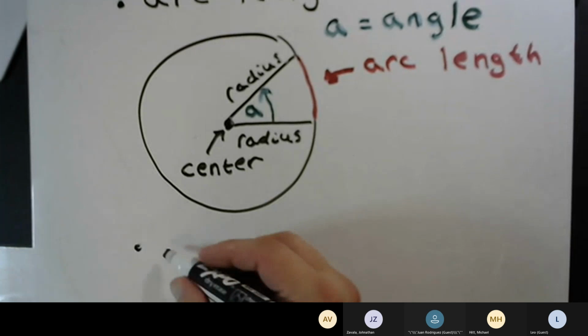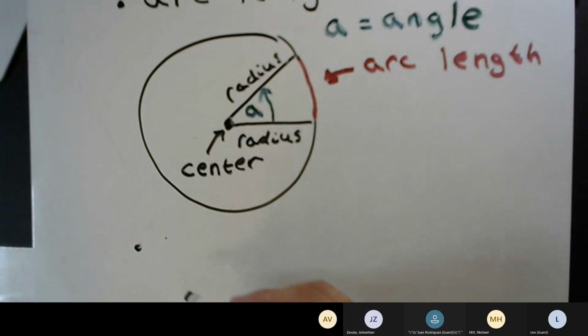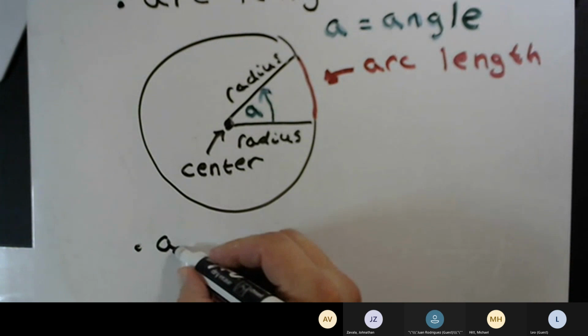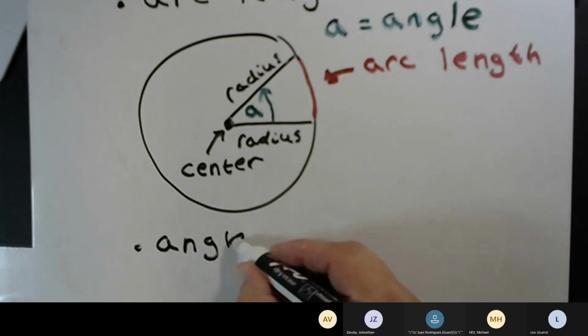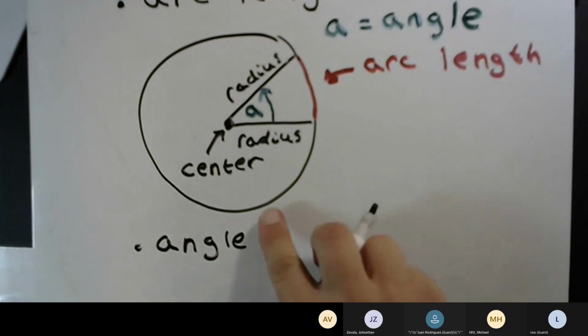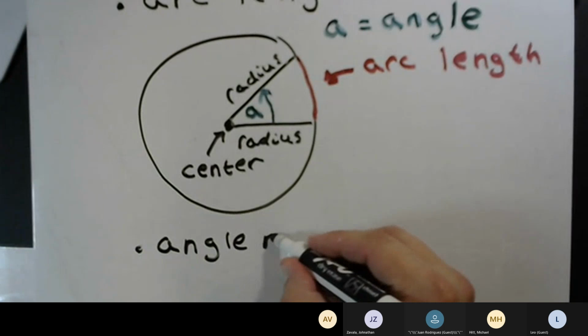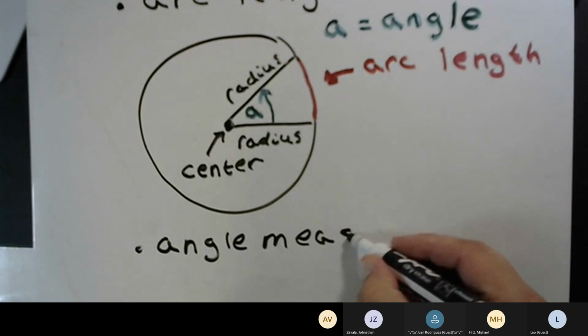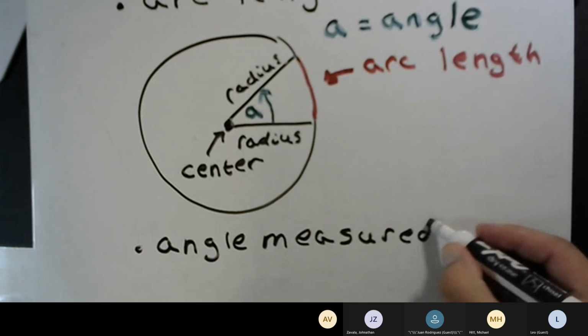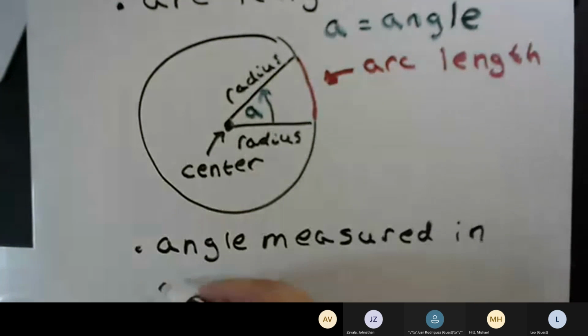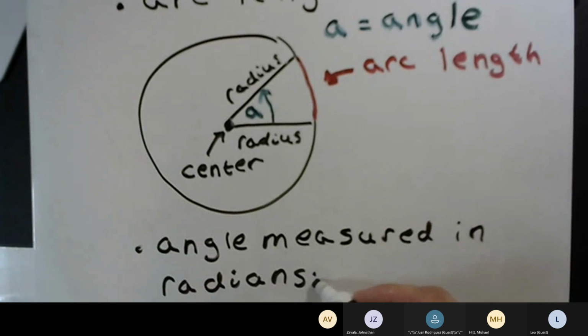And an angle measured in radians is this. It's the number of times the radius divides into the arc length.